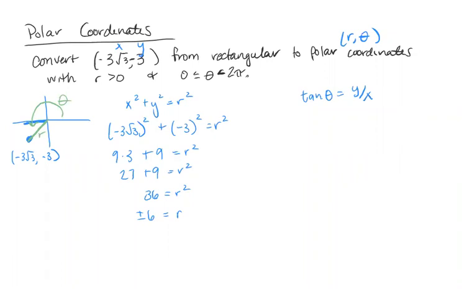Now moving over here to tangent of theta is y over x. So tan theta is equal to -3 over -3 root 3. Those -3's are going to cancel, so we actually have that the tangent of theta is equal to 1 over root 3. And you can think about this as 1/2 over root 3 over 2, and then think about the unit circle angles, because this is sine of theta over cosine.